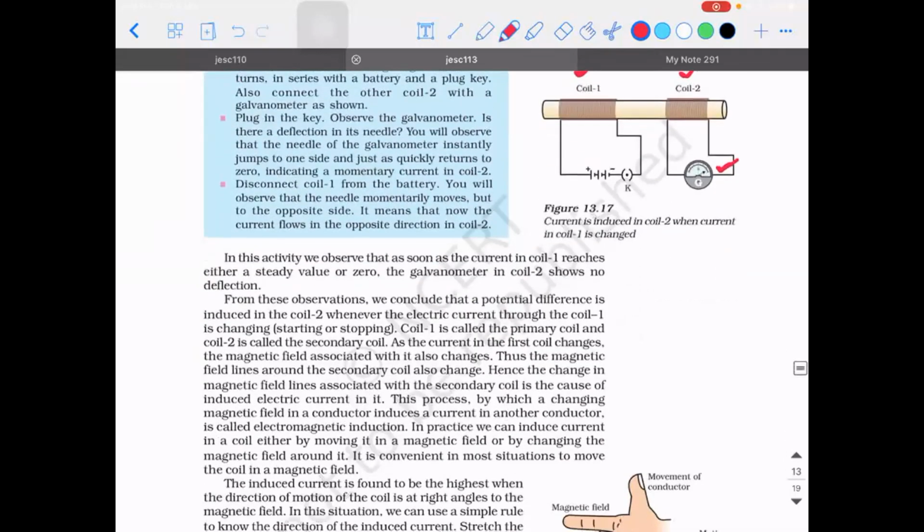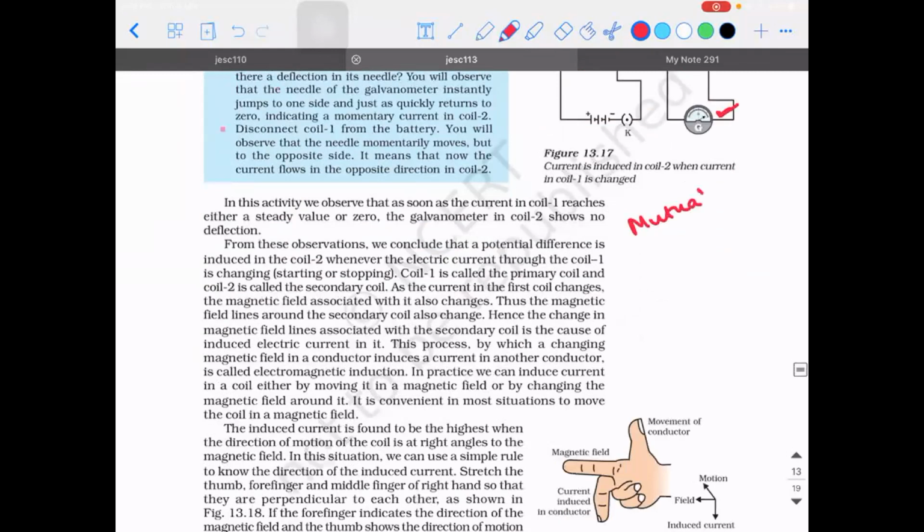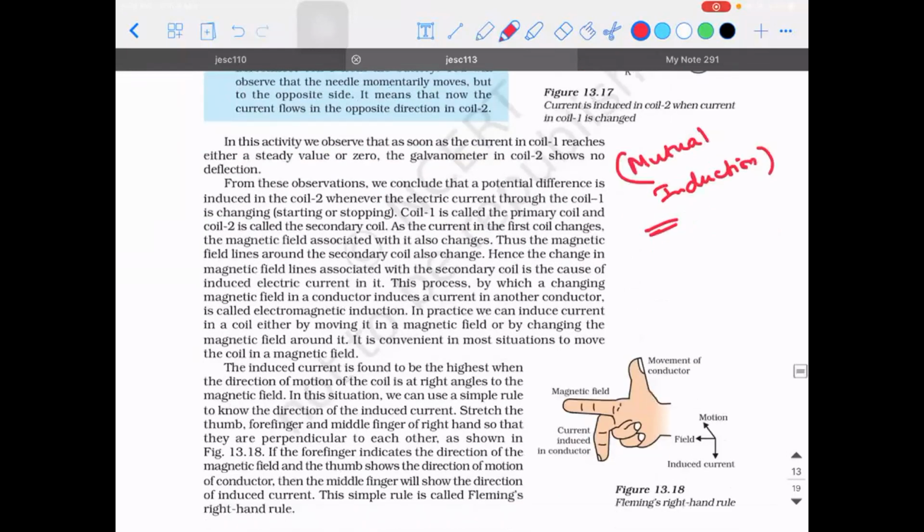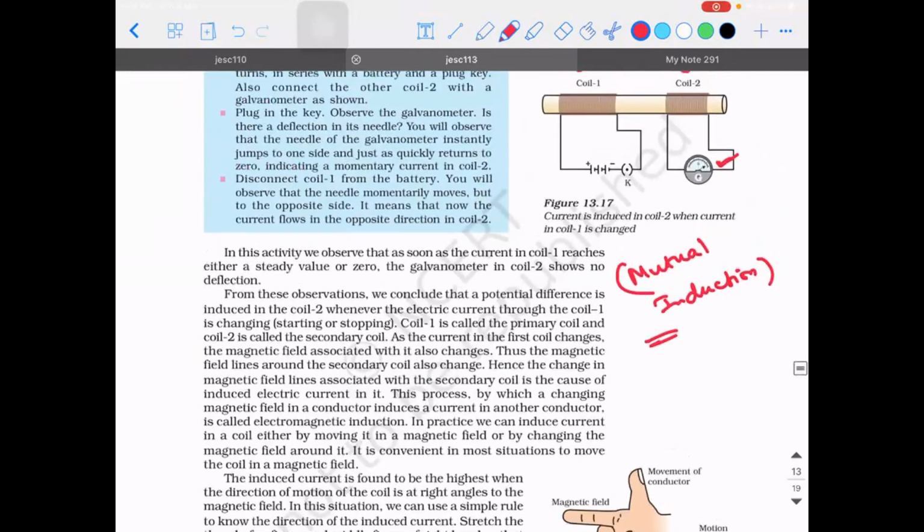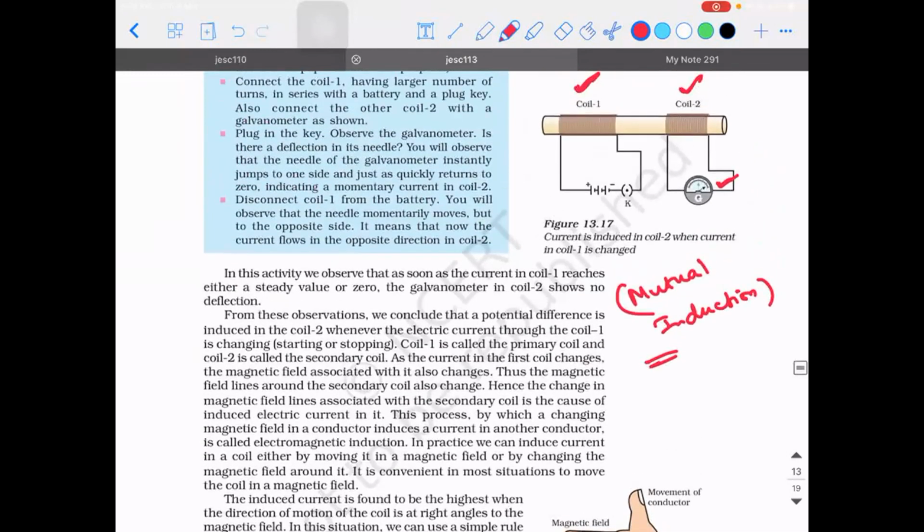Generally, this type of induction is called mutual induction. If you know the term, that is more than sufficient. An important point is mutual induction is for your knowledge again. In your 10th standard exam, if they ask, you just use the word electromagnetic induction.